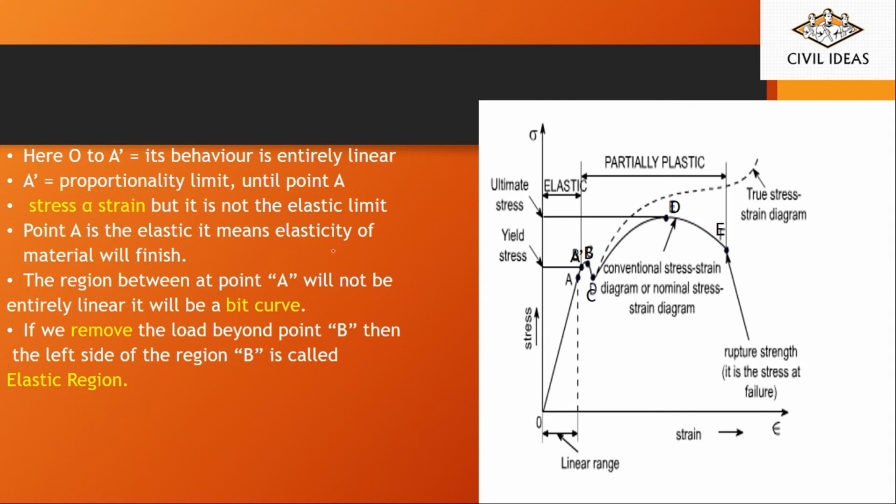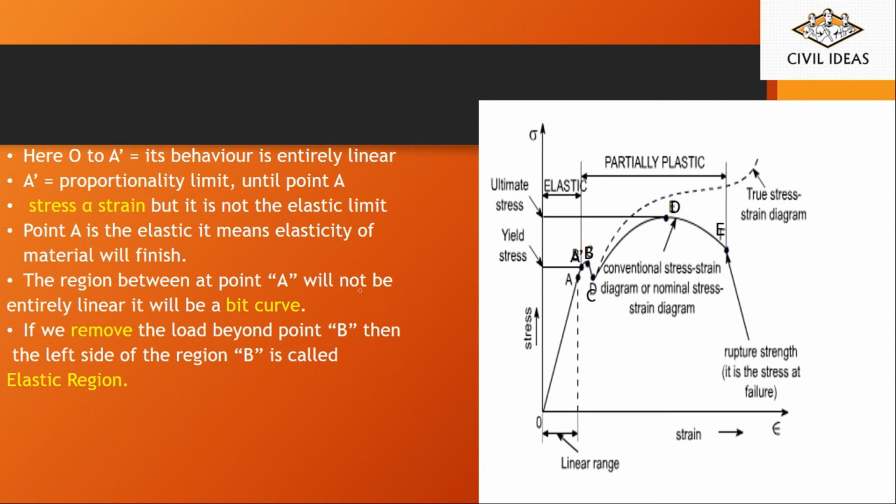Until point A, from O to A, the stress is directly proportional to strain. But it is not the elastic limit. After point A, the elasticity of the material will finish.